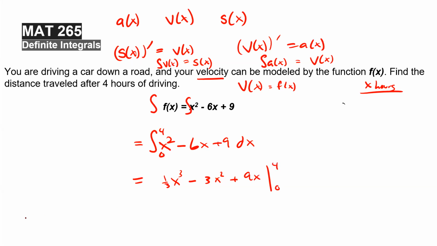At 4 we have 1/3 of 4 cubed, minus 3 times 4 squared, plus 9 times 4, minus 0 minus 0, and we put that in our calculator.